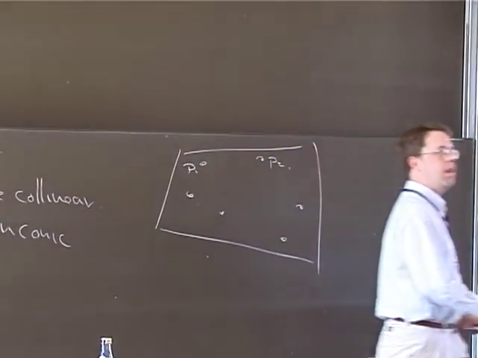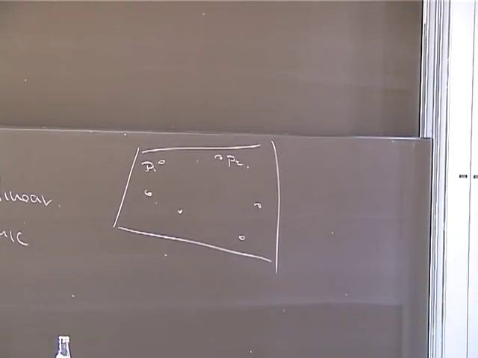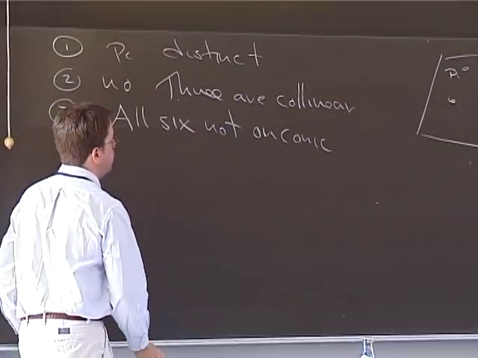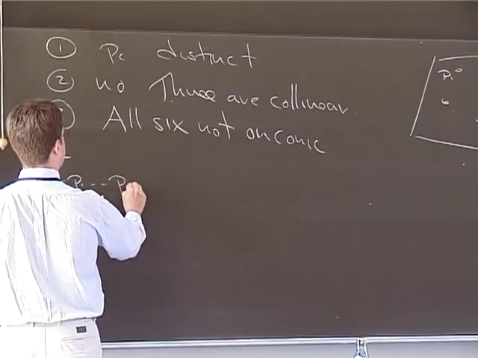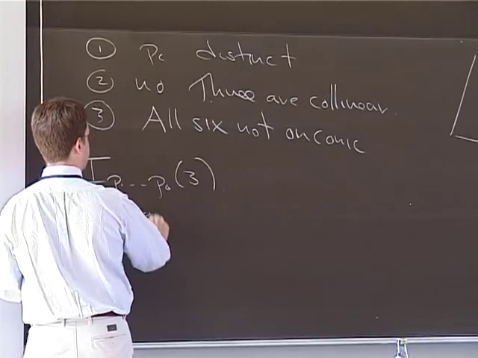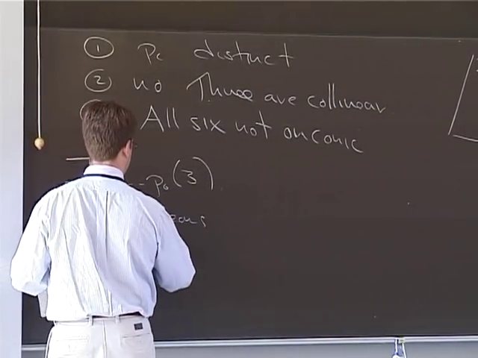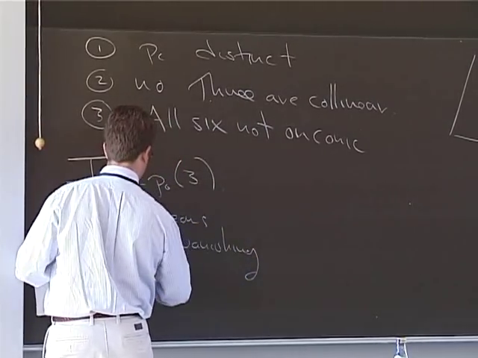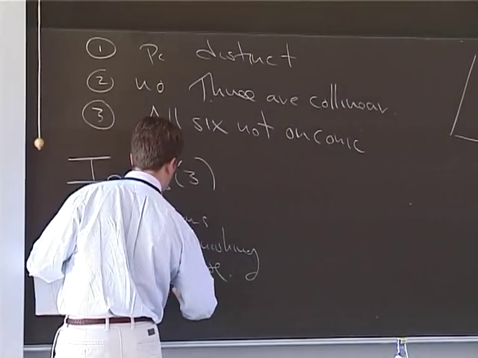Now, what I'd like to do is construct a rational map using these points. So let's consider the space of homogeneous cubics vanishing at these points.